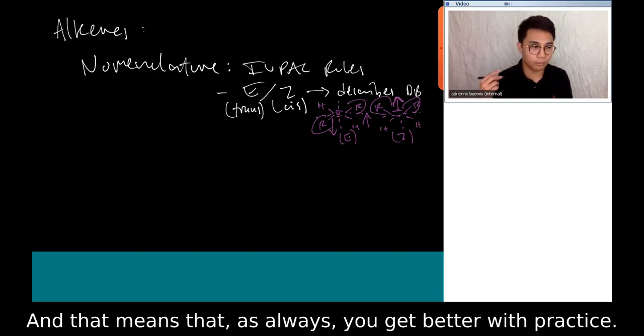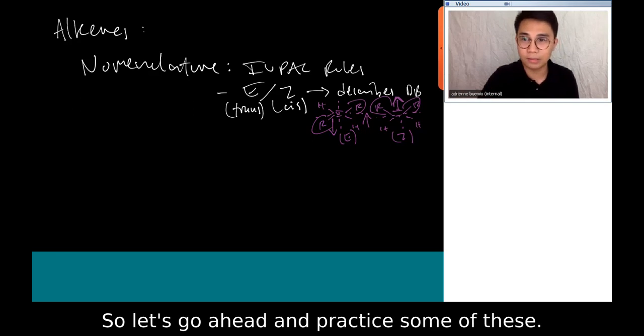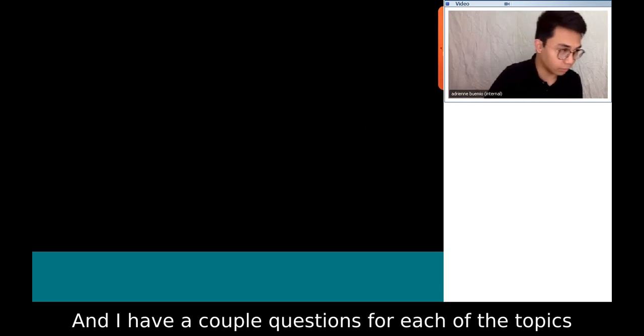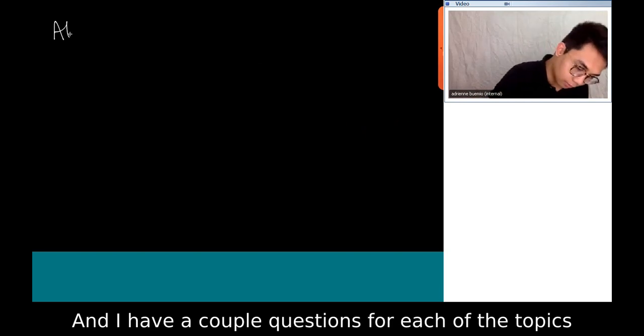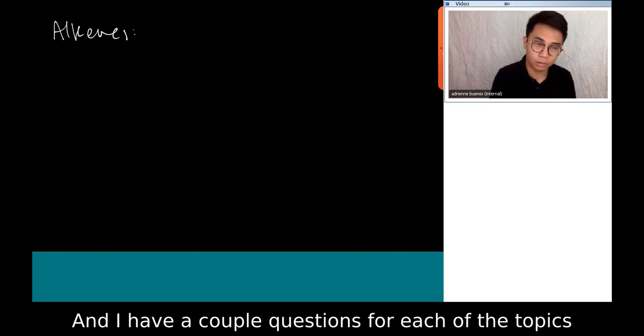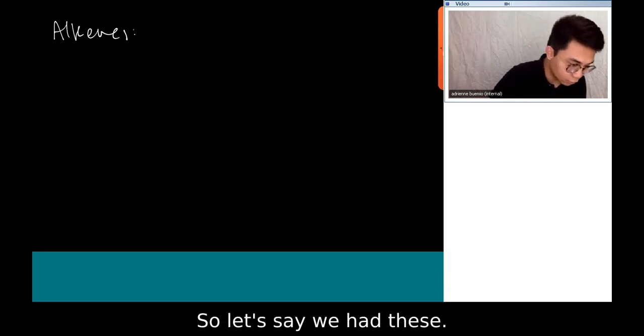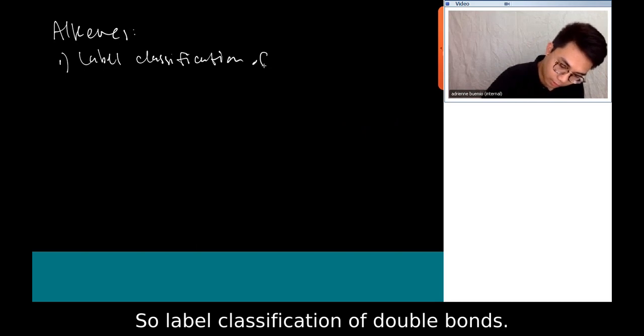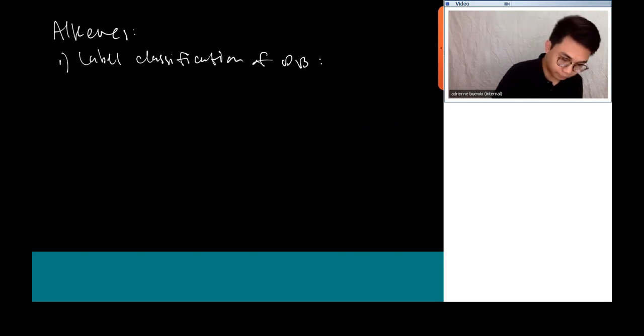And with that being said, I think, as always, it will be better to practice. So let's go ahead and practice some of these. I have a couple of questions for each of the topics we talked about. So let's say we have these. Label the classification of double bond. So let's say we had this.